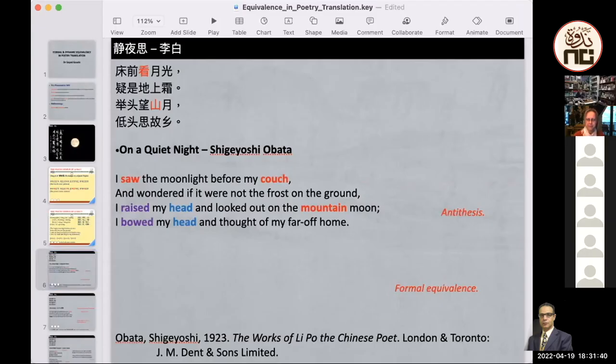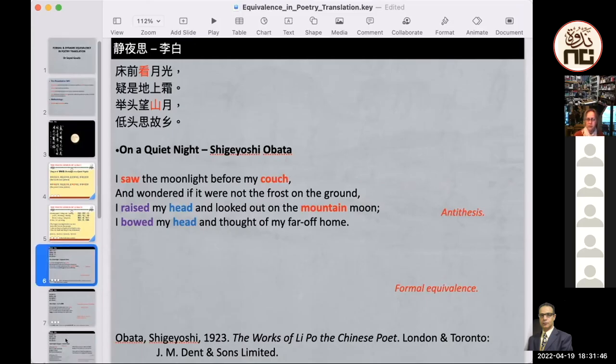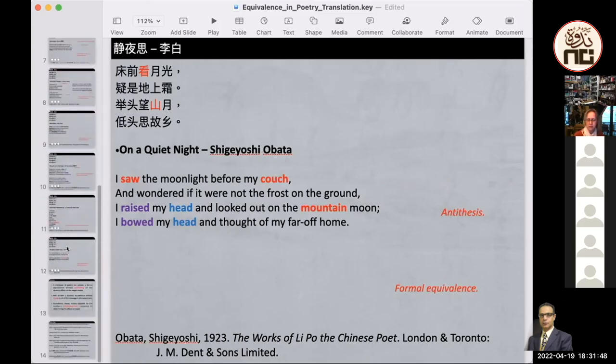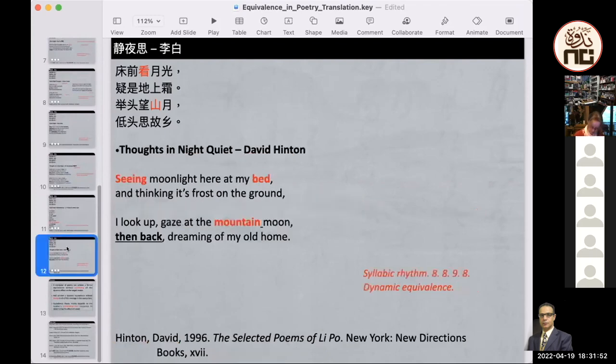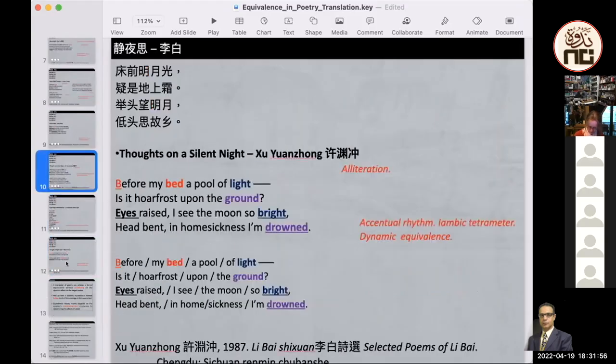I want to ask, do you think what Xu Yuanchong did in his translation was preserving the most important thing? Preserving in terms of Chinese poets, poems. Well, you see, actually, I like his translation, and even though modern English readers don't care much about this kind of formal and traditional rhythm.